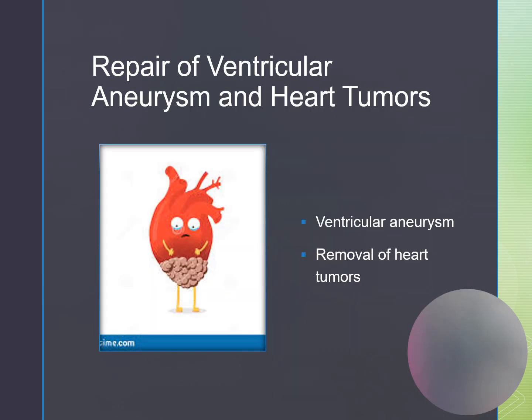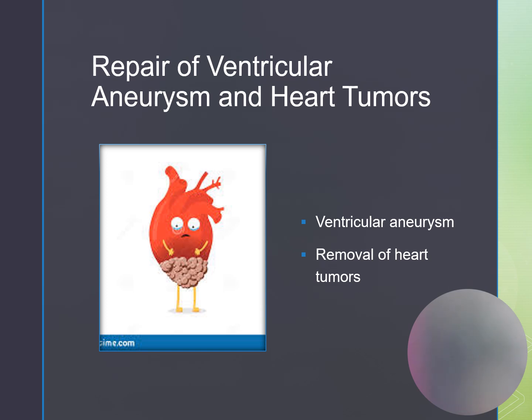We can also do surgery to repair the ventricular aneurysm or remove heart tumors. A ventricular aneurysm can be caused by an infarcted area of the myocardium that balloons outward, and it forms thrombi. So we start seeing the clots.